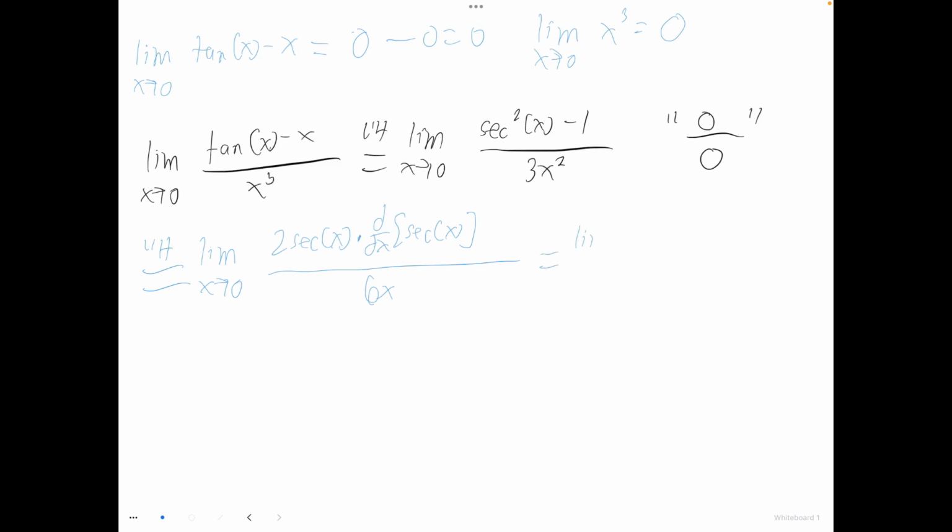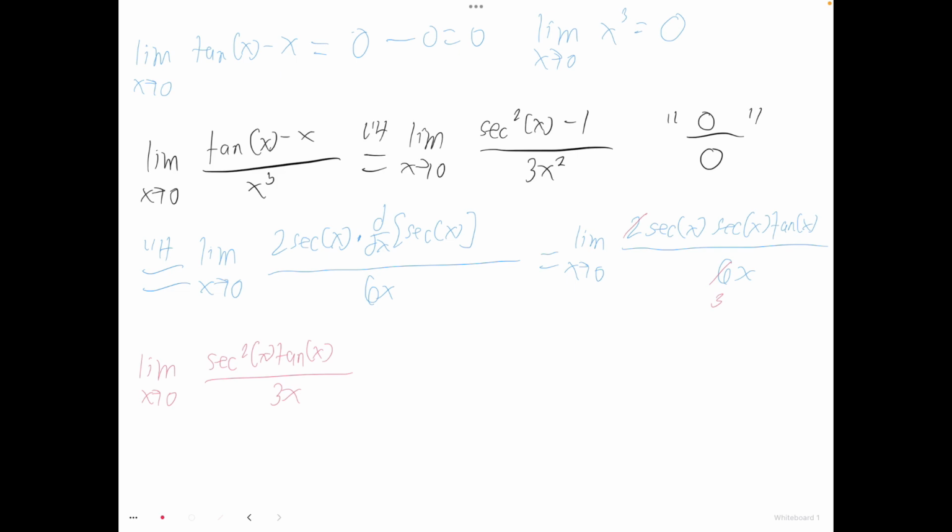And this becomes the limit as x goes to 0 of 2 secant of x times the derivative of secant, which is secant of x times tangent of x, all divided by 6x. We can cancel our 2 with the 2 on the bottom, and so we're left with the limit as x goes to 0 of secant squared of x times tangent of x, all divided by 3x.